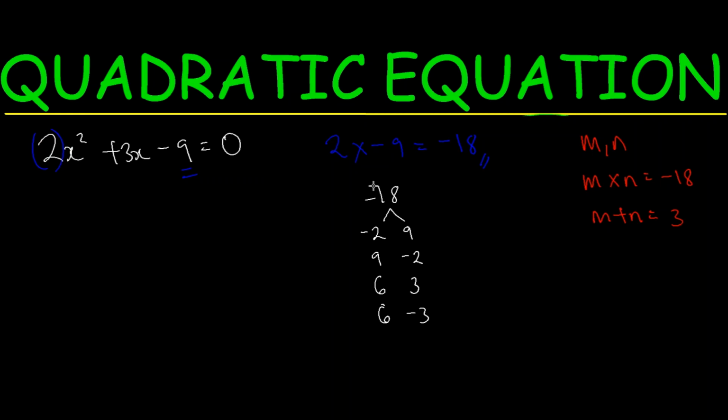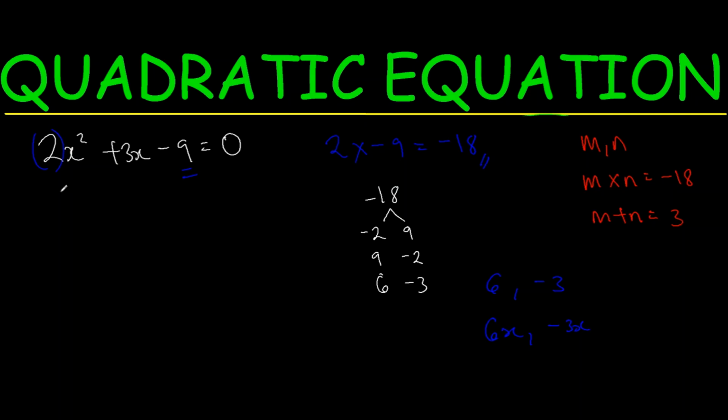Okay, sorry. 6 times 3 is 18, not minus 18. So we bring this upwards instead. So looking at our numbers, our two numbers to satisfy our two requirements are 6 and minus 3. And we can say this is 6x minus 3x.